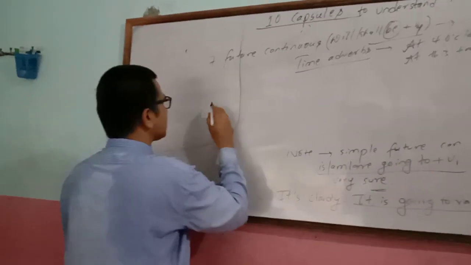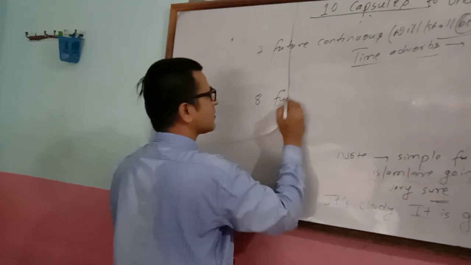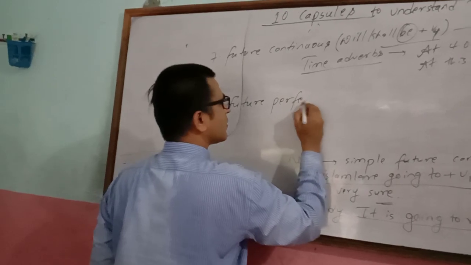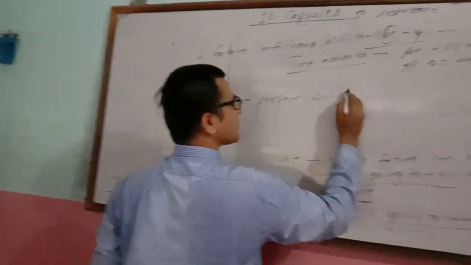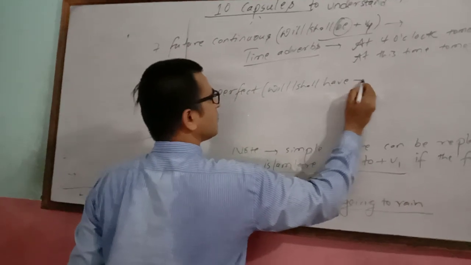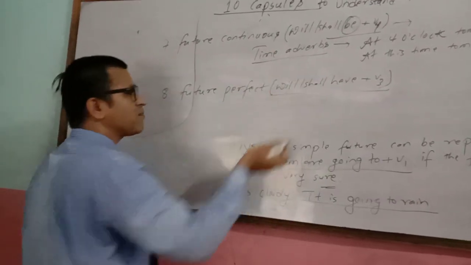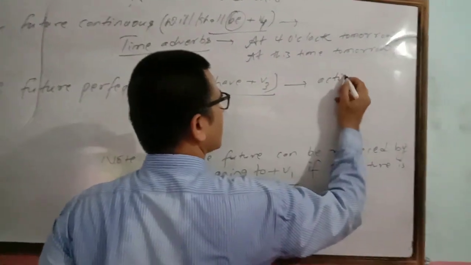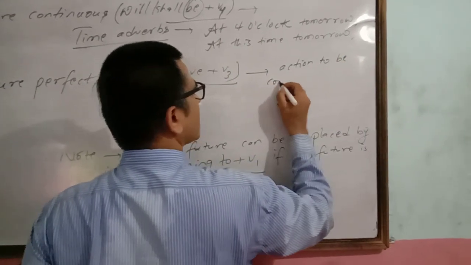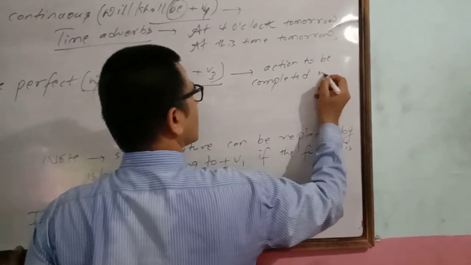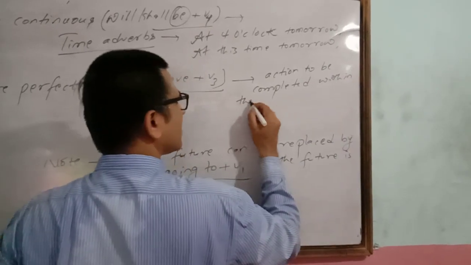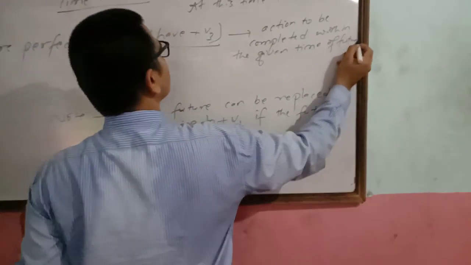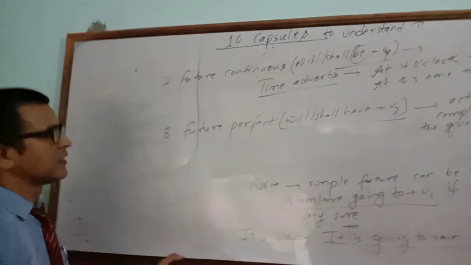Now it's a very important tense. Capsule is future perfect. Very important capsule, future perfect. Will, shall, have, be3. Perfect means that the action will have been completed within the given time of the future, right?